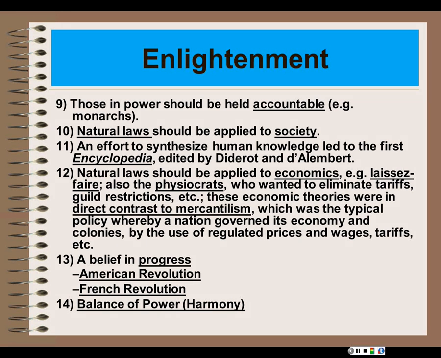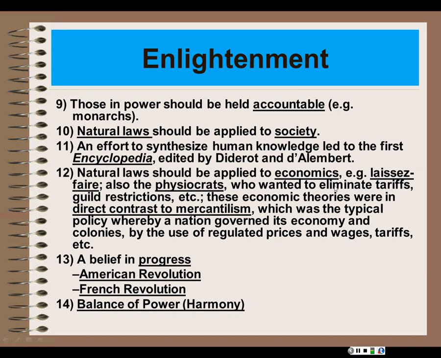These economic theories were in direct contrast to mercantilism, which was the typical policy whereby a nation like England governed its economy and colonies by the use of regulated prices and wages and tariffs. This is going to be very, very important to us in Europe from poverty to prosperity.